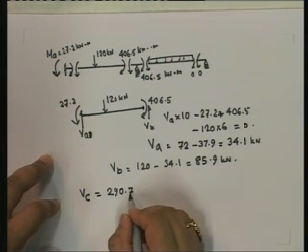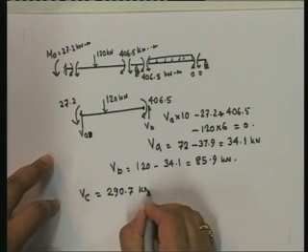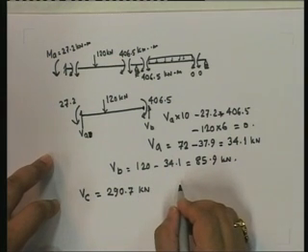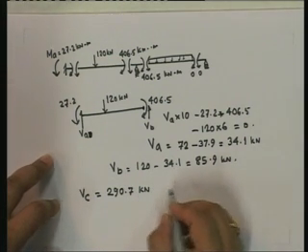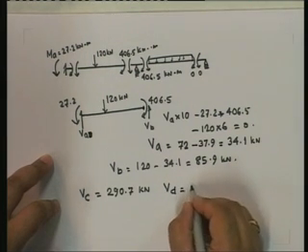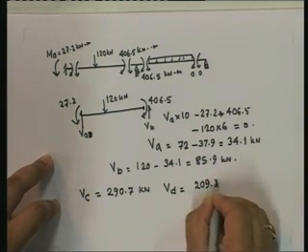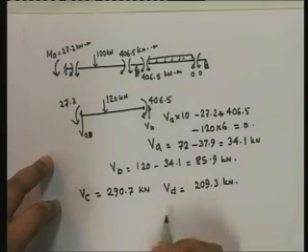290.7 kilonewton, and V at D turns out to be equal to 209.3 kilonewton.